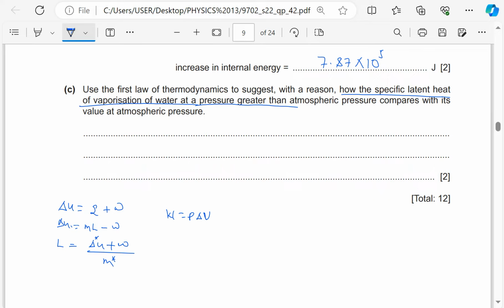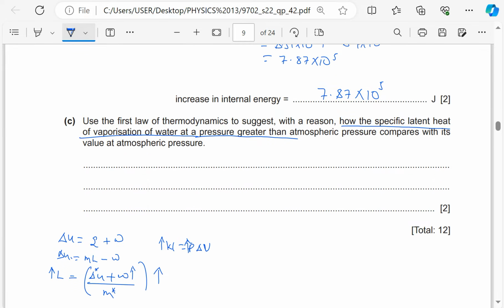So the water is at a greater pressure, which means the work done is going to be more. If that work done is greater, the latent heat of vaporization is also going to be greater, because the whole of this quantity would be greater.